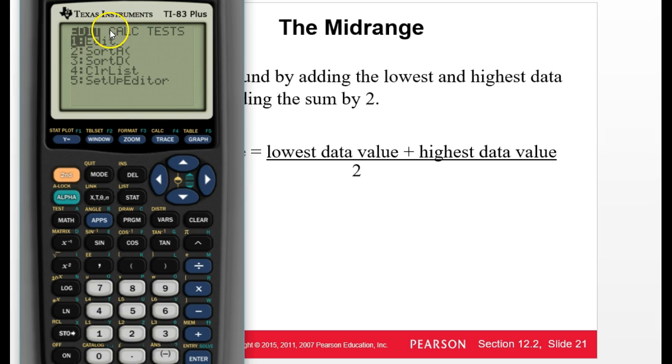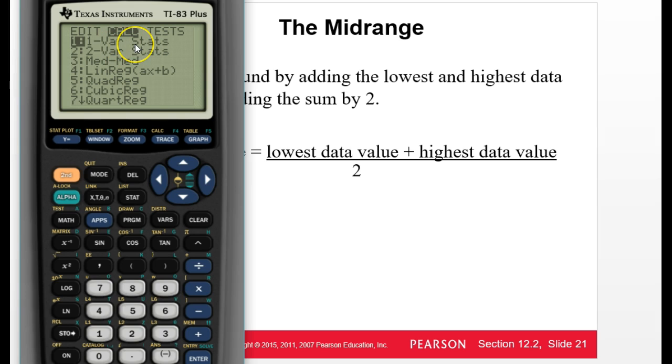And then the calc feature gives me the 1-Var Stats, which give me the mean and the median. The mid-range and the mode are not there, but they give you enough information to calculate the mid-range in the 1-Var Stats.